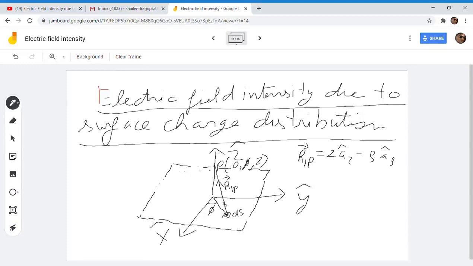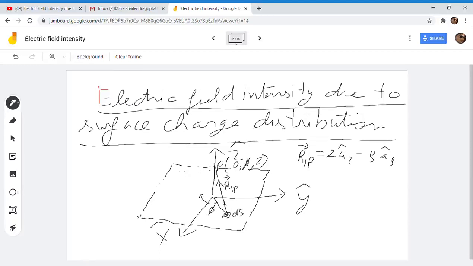Why we are doing this? Because if you see, if we change phi, your magnitude of R1P will not change. R1P is the distance between P and your differential surface. So this will not change. If you take phi to be here, then also you will see R1P will not change.